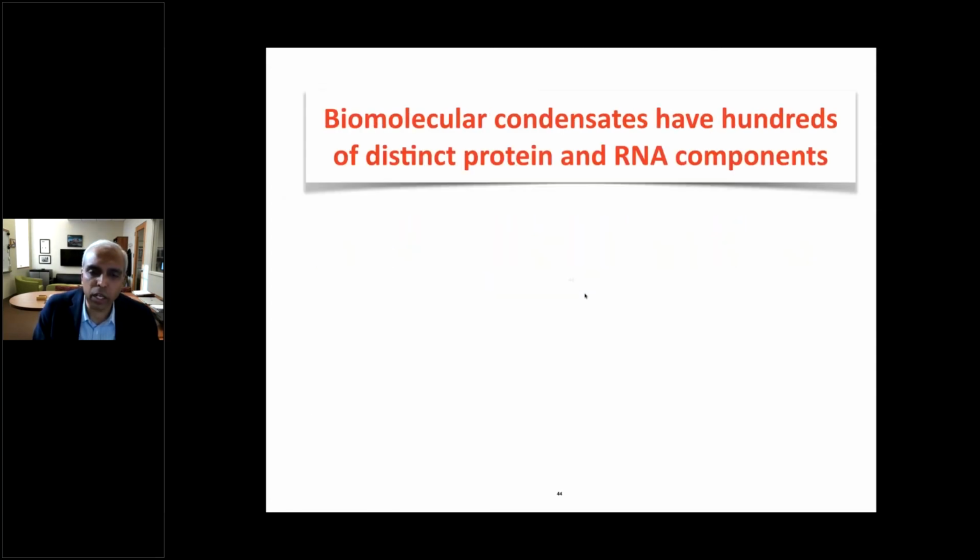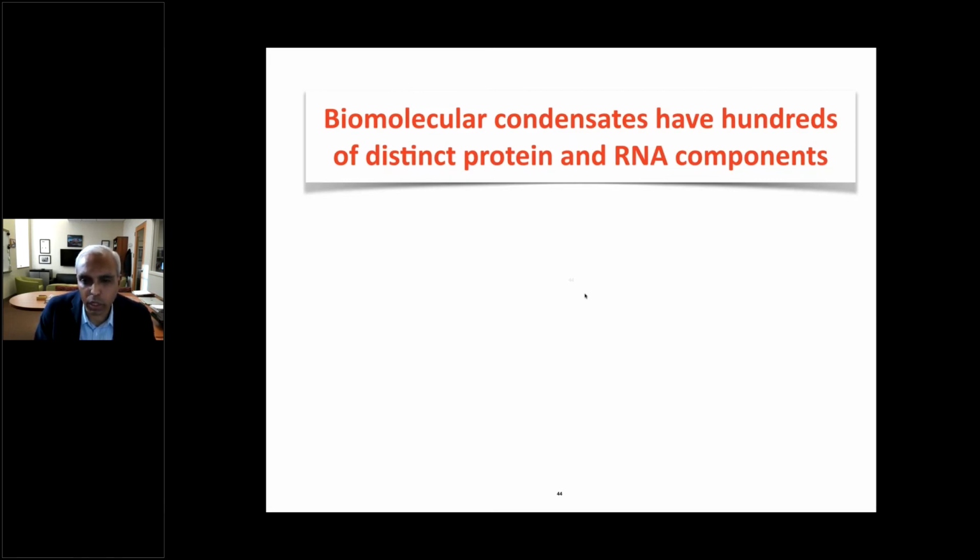I want to end with two quick themes. One is that biomolecular condensates actually have hundreds of distinct protein and RNA components. It's very easy to get caught up in the nitty-gritty of reconstituting the phase behavior of a single system, a binary system.